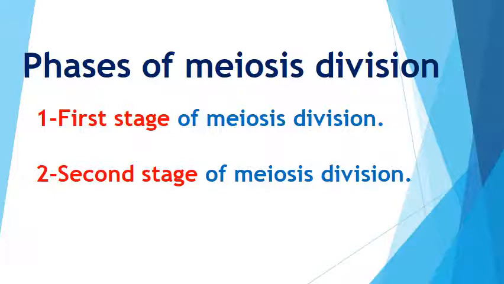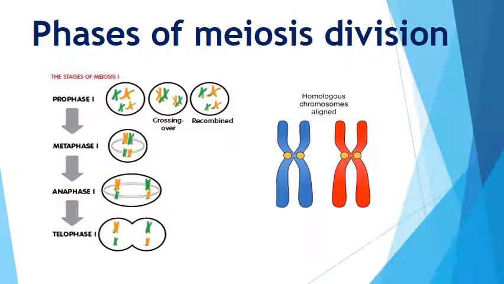Let's get to know what happens in the phases of meiosis division. In the first stage of meiosis division, we have four phases.